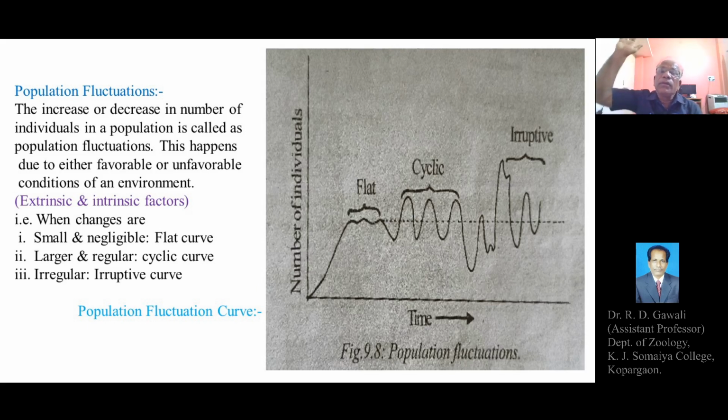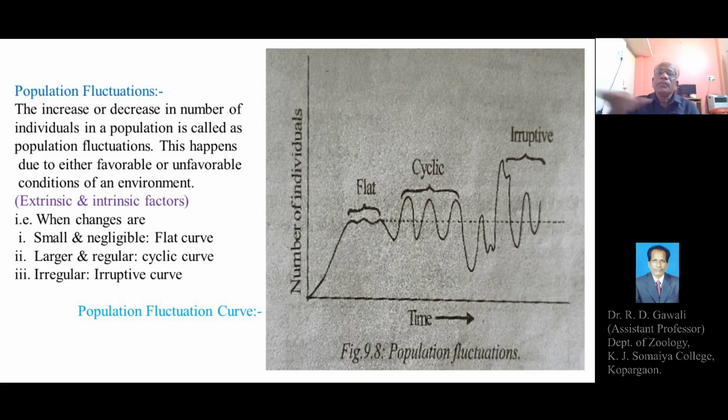There may be a rapid increase in number or a rapid decrease, or there may be an irregular curve representing a variable number in a population, addition or loss, increase or decrease in the number of individuals, which is very irregular, maybe less number, maybe maximum number, and this represents the eruptive curve.